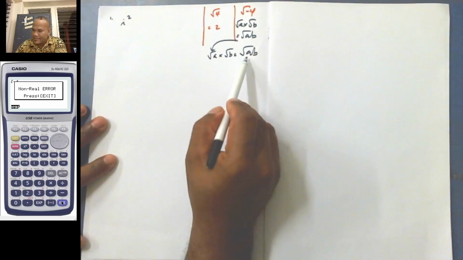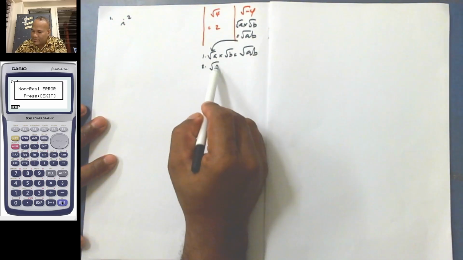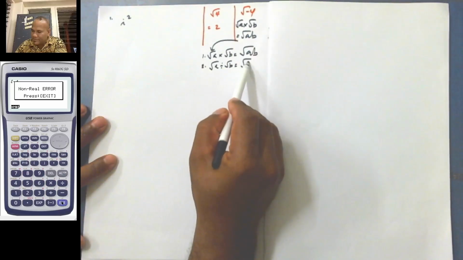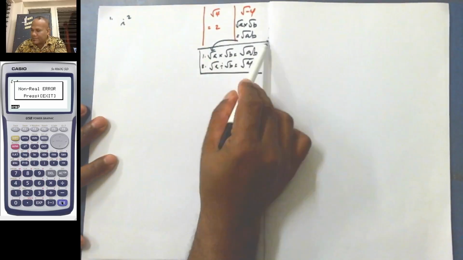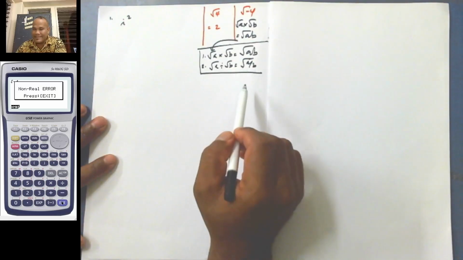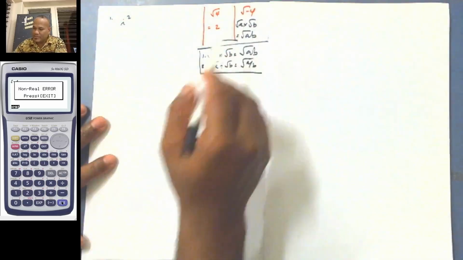They are multiplied, so that's that. And the second law says the square root of A divided by the square root of B is equal to the square root of A divided by B. These are the fundamental laws of surds, or indices, in square root. So we'll apply this law here.